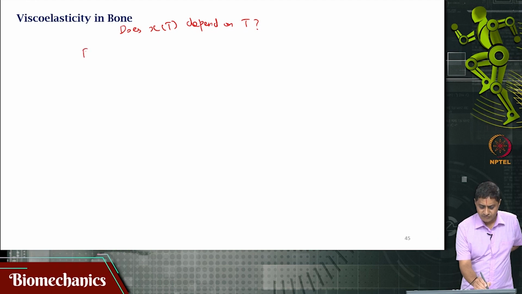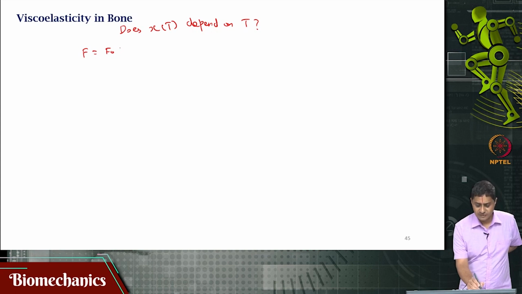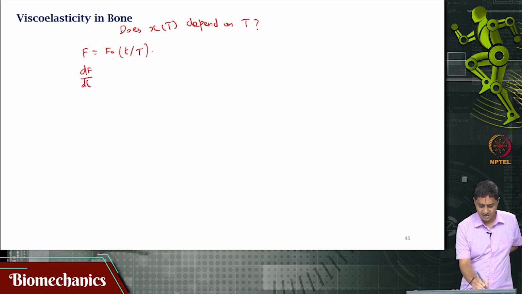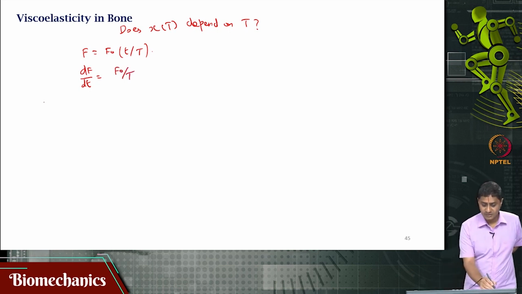Let us say the force is F naught times small t by capital T. That means dF by dt is F naught by capital T. What is our Kelvin model?